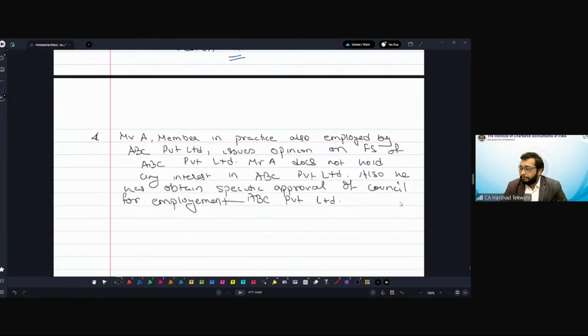Yes, because he's the employee of the ABC Private Limited and not the partner or employee of any firm of the auditors of the ABC Private Limited. It is immaterial whether he has taken approval of council for employment. That is a different issue altogether. So he is covered under misconduct under this clause.